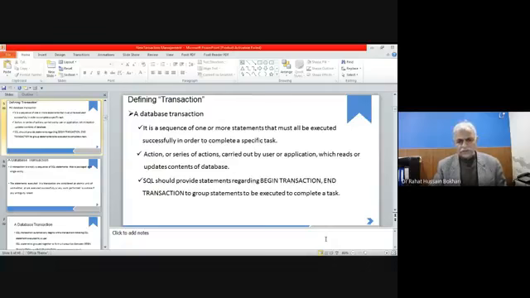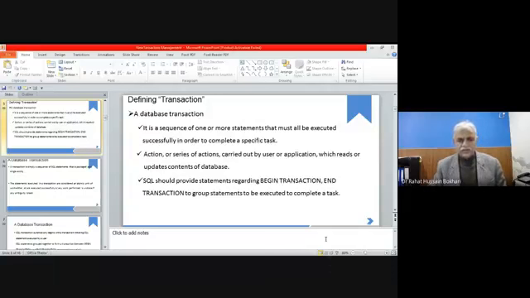So we say this transaction is partially completed. Whether this partially completed transaction is valuable for the other user or not. The actions are a series of actions carried out by the user or any program that may read the data, update the data, or edit the data. So these may be a transaction.